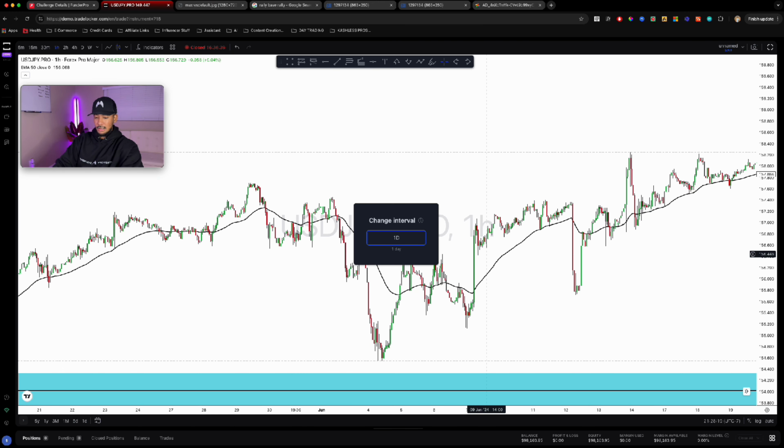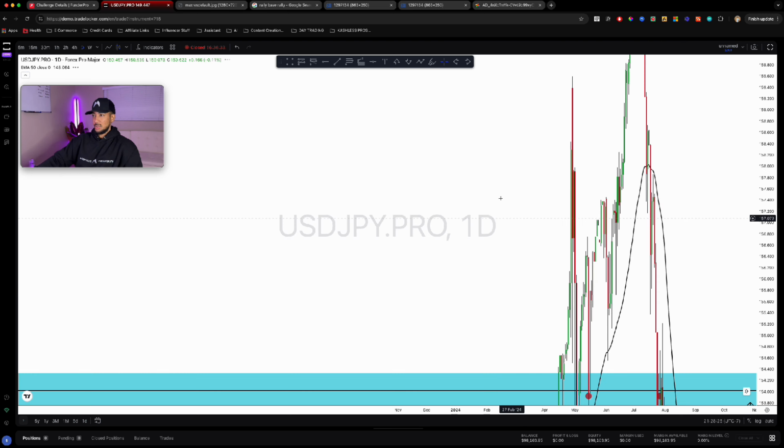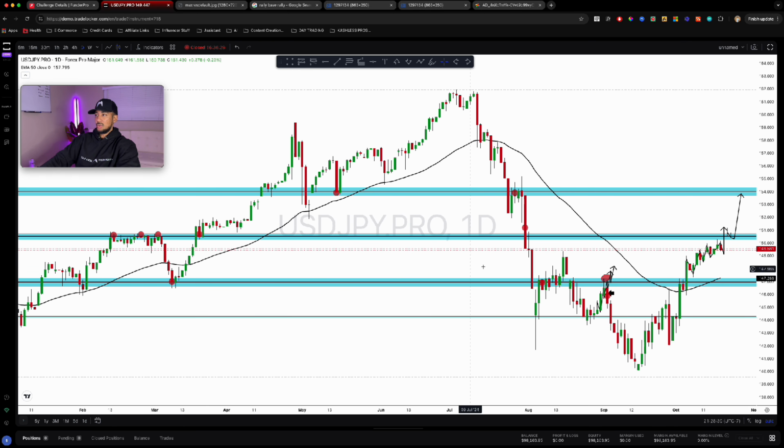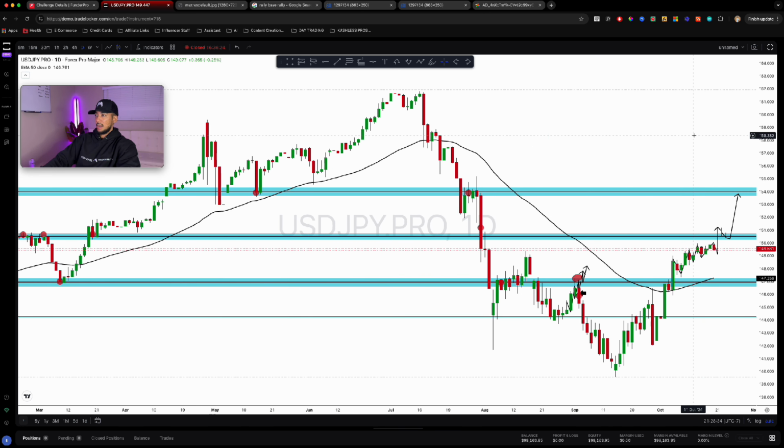Hopefully you guys got some value out of this. I know I had some ums and ahs a lot, but I wanted to keep this raw. I wanted to show you the charts raw. UJ is basically a very technical currency pair.